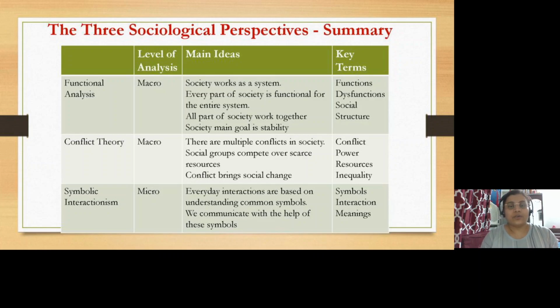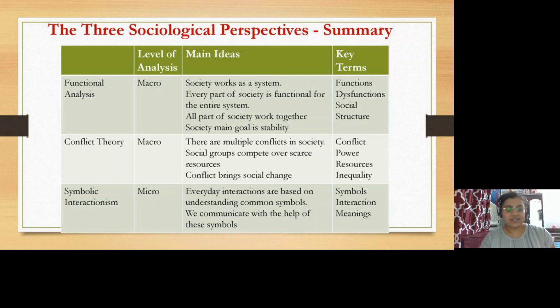Now if you look at these three perspectives, you can understand why it is written macro or micro. First we'll come to functional analysis. Functional analysis talks about the smooth functioning of all the units of the society, so that the society's equilibrium and stability can be maintained.